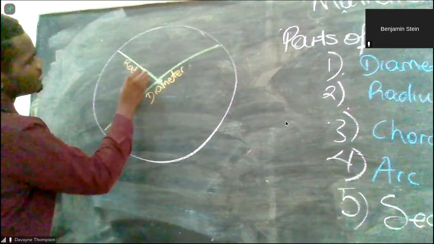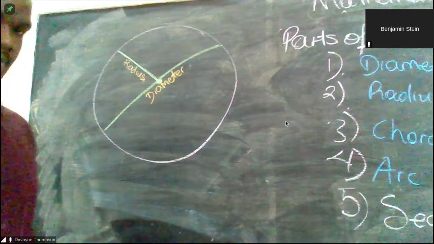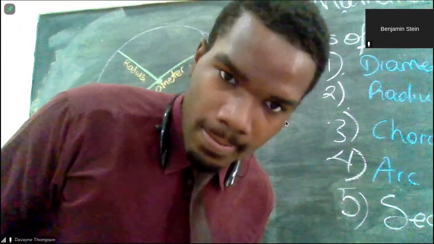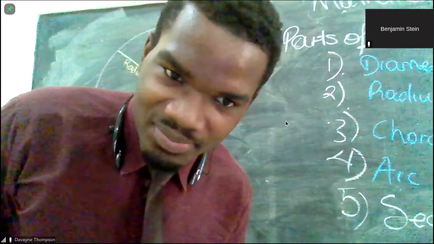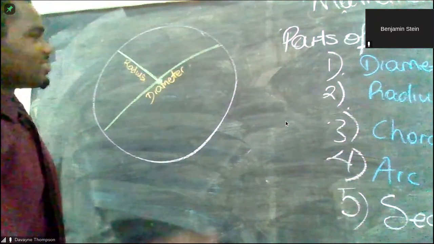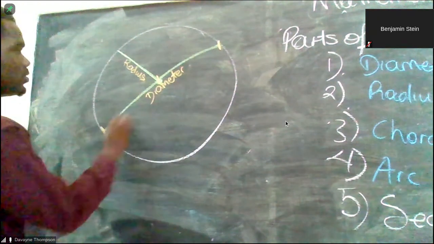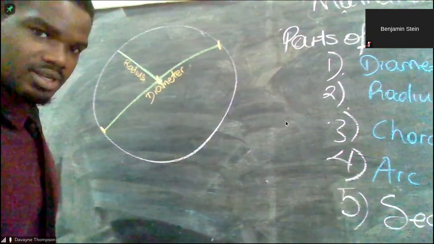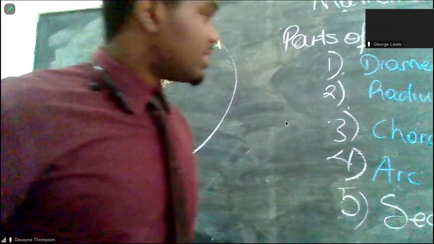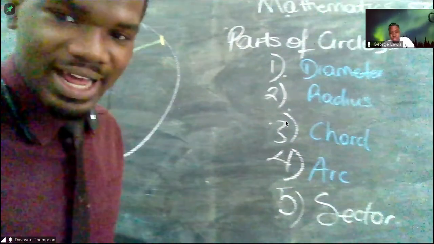Two radiuses equal a diameter. 1 radius, 2 radius. Excellent.